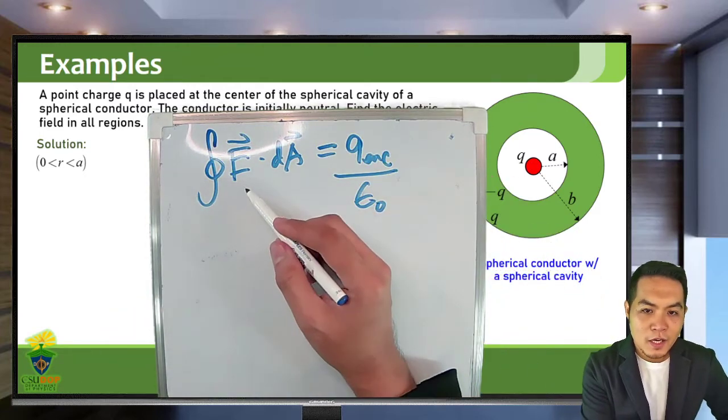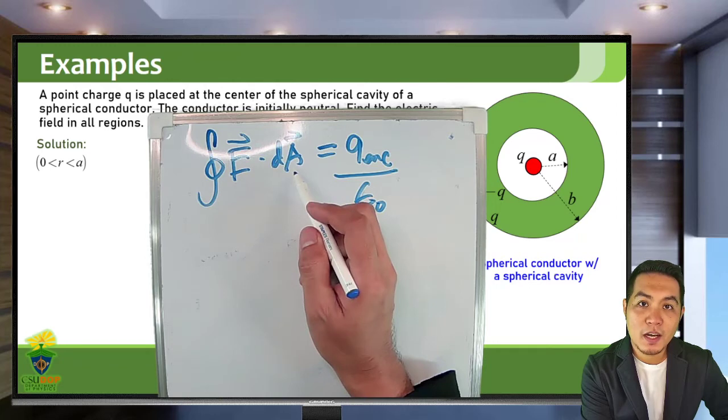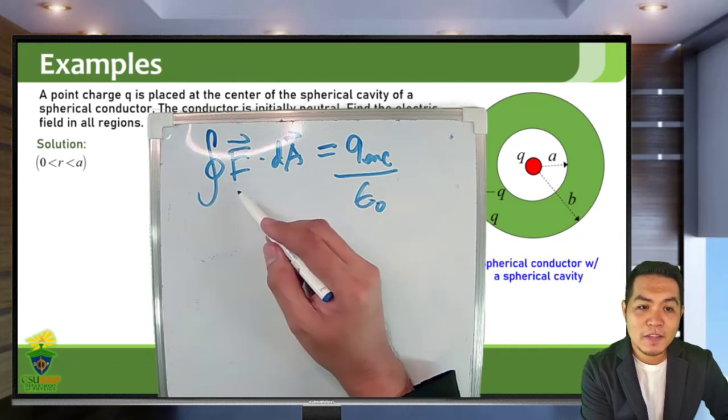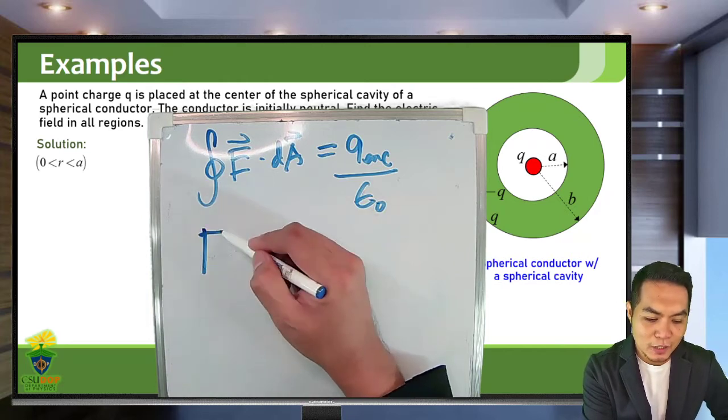But for spherical symmetry, all points on your Gaussian sphere have the same value of electric field, meaning the electric field is constant on the Gaussian surface. So you can take it out of the integral.